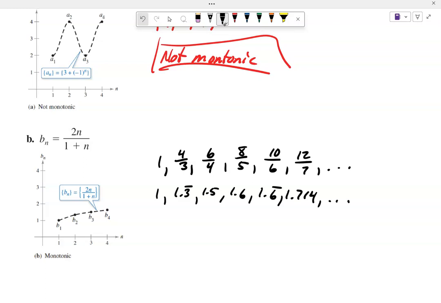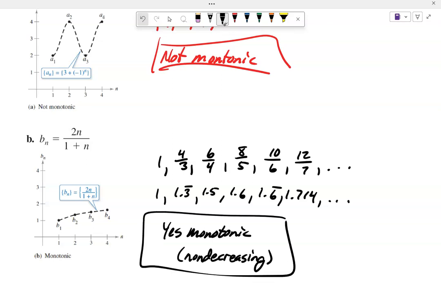Does it continue to increase? Yeah. So we say yes, it's monotonic, and we'll be technically proper. This is non-decreasing. Because remember, it could be the or equal to, right?